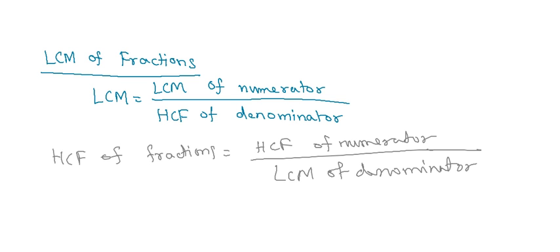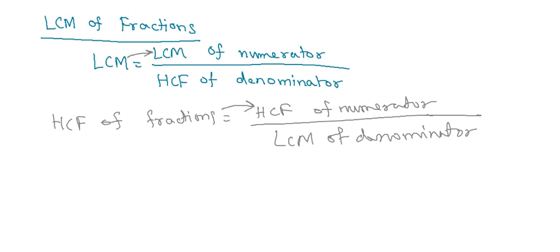So just remember that if you have to find the LCM, then the numerator's LCM you have to find, and if it is HCF, you have to find the HCF of numerators. This is confusing, but if you remember it in this way, it is easy to remember.